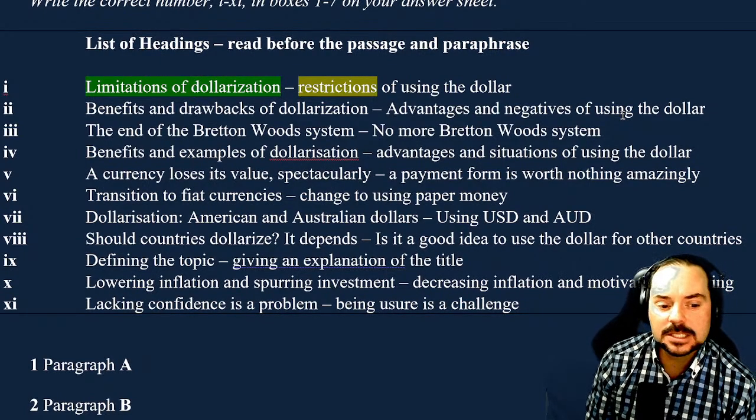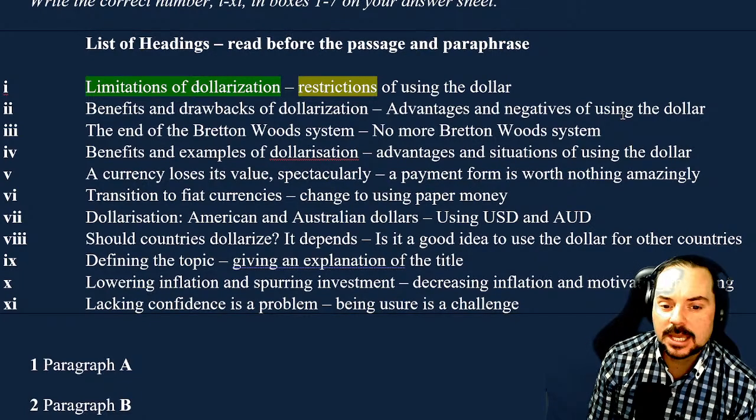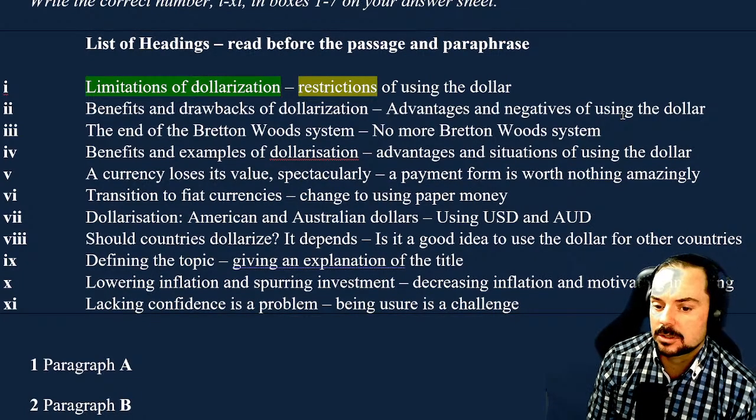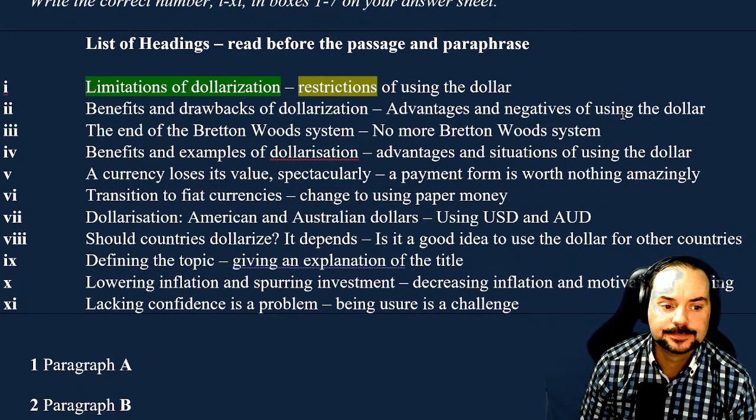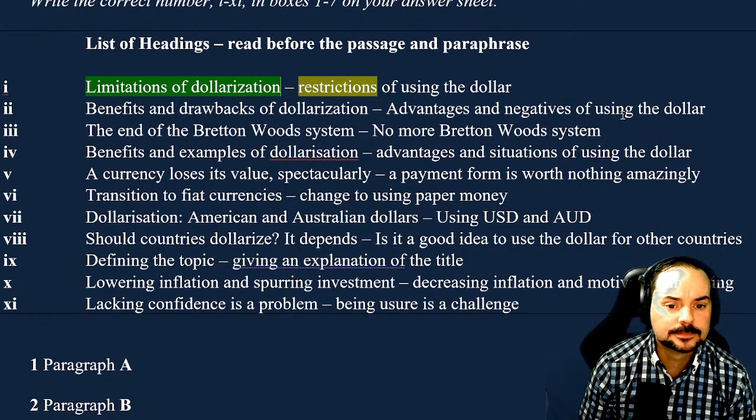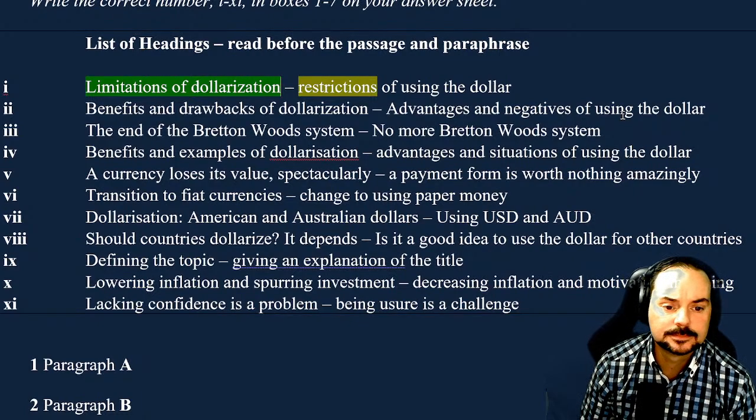Which one of these do you think is the closest to your answer? The fourth is close because examples of dollarization is similar to ways of dollarization.